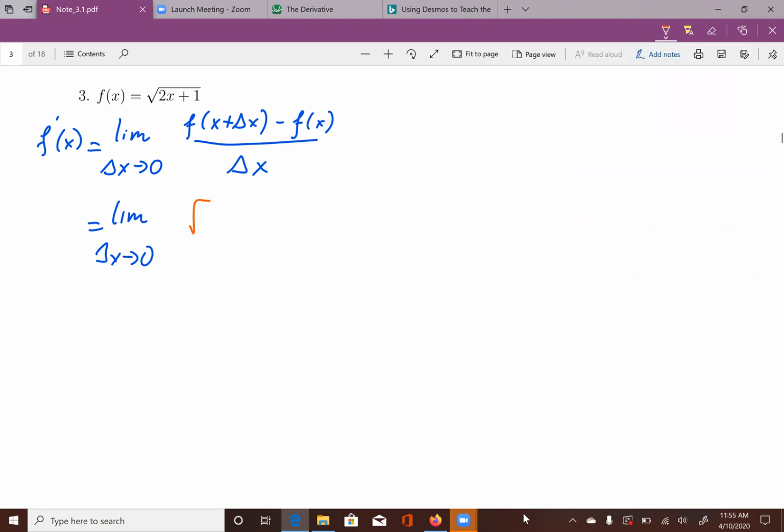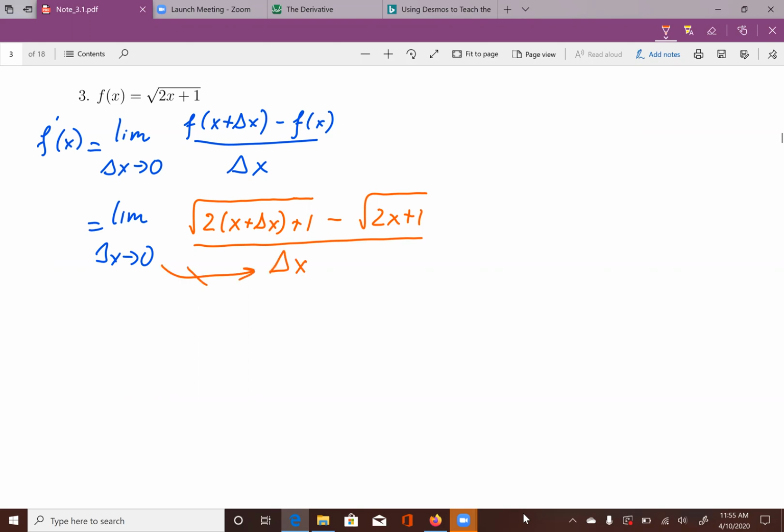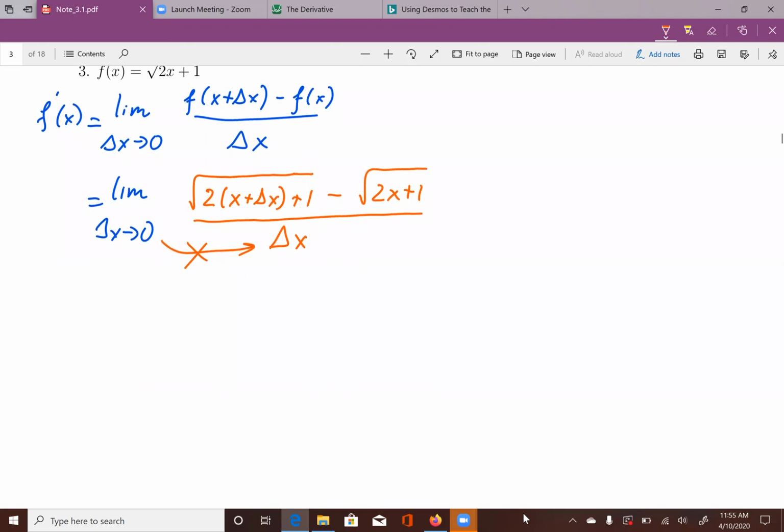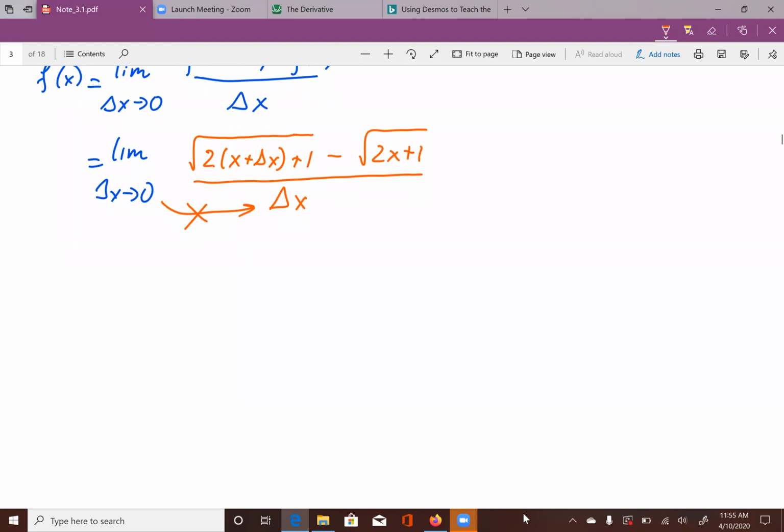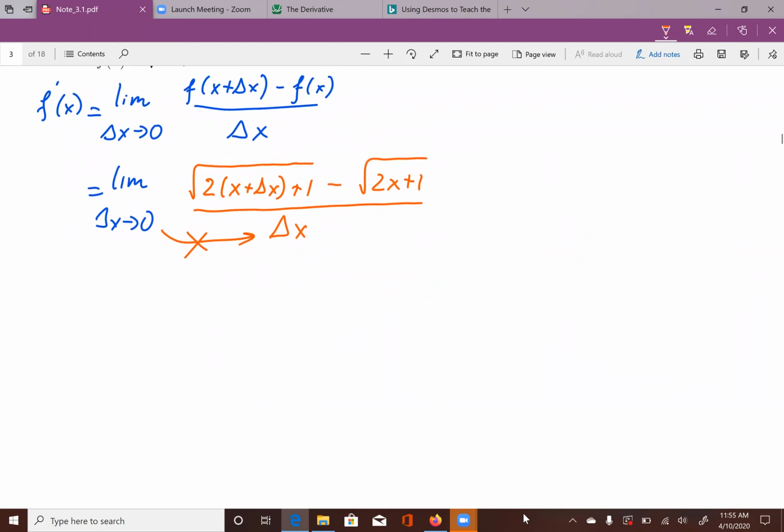Let's see, so the square root of 2, instead of x, I plug in x plus delta x, plus 1, minus f of x, which is the square root of 2x plus 1, over delta x. Okay, and again, I cannot plug 0 into delta x, so I have to use algebra to manipulate it.